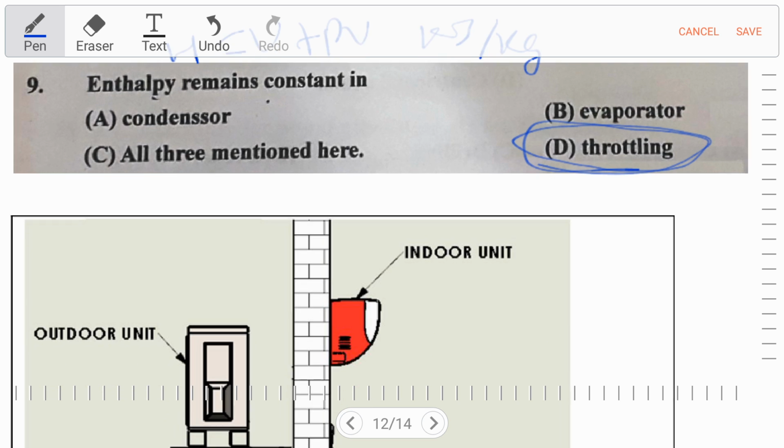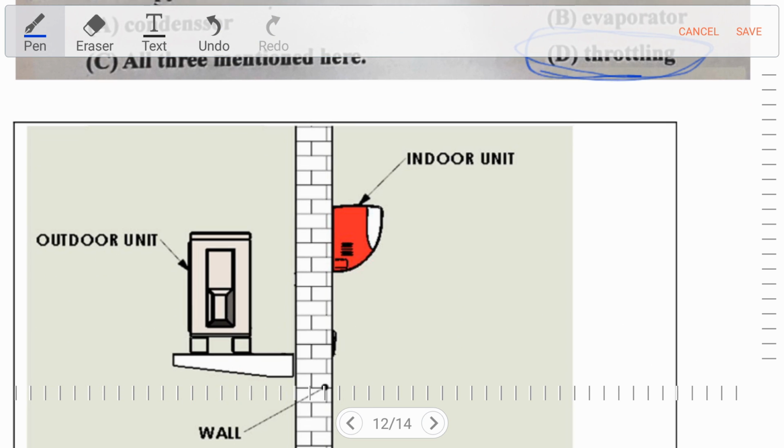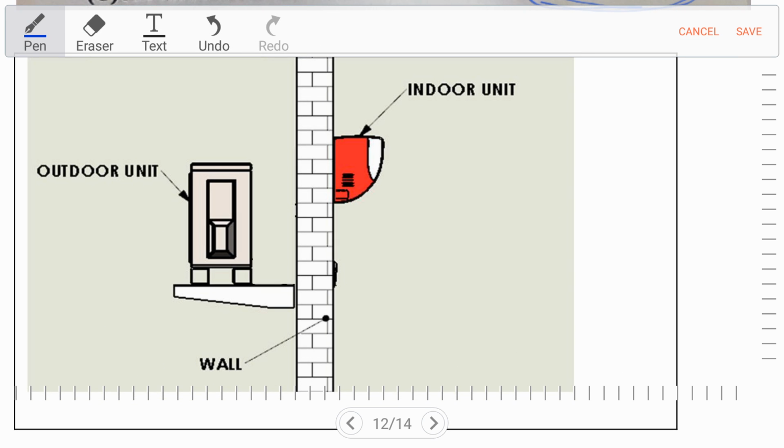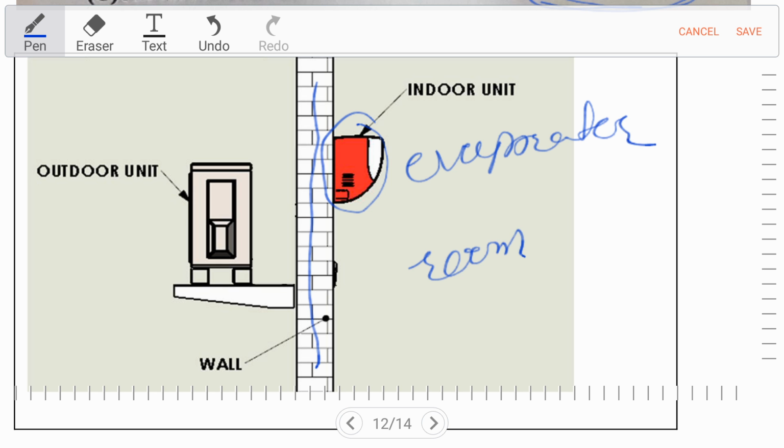So let's discuss what are condenser and evaporator. Here we have one spectacular vision in which this portion is our room and this is our wall, and this inside unit of air conditioning is known as the evaporator, and this is the outside unit, and this unit is known as the condenser, and the condenser has the compressor built in nowadays.